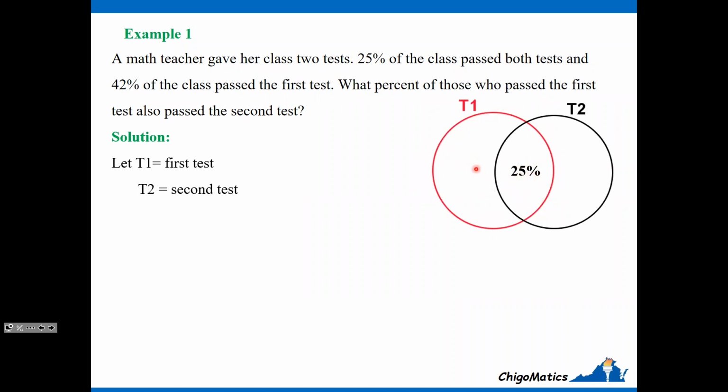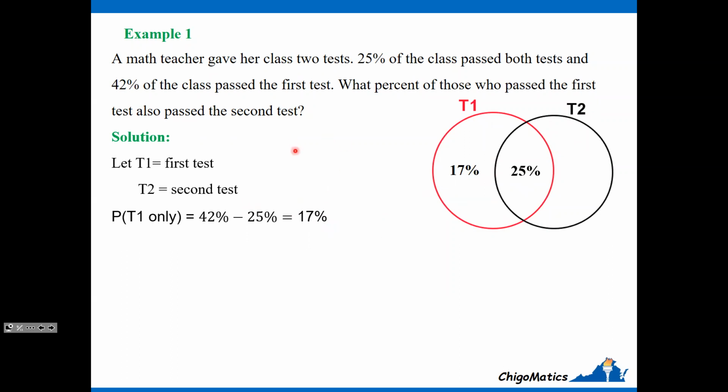So we want to find the probability of those who passed test 1 only. Probability of passing test 1 only is equal to the 42 that passed the first test minus those who also passed the second test, so that we get 17% as those who passed test 1 only. So I filled that information in.